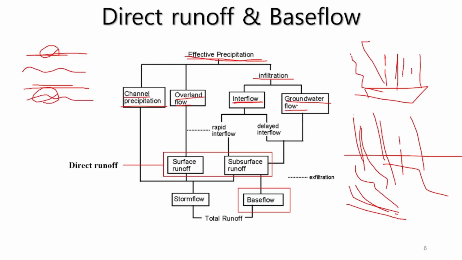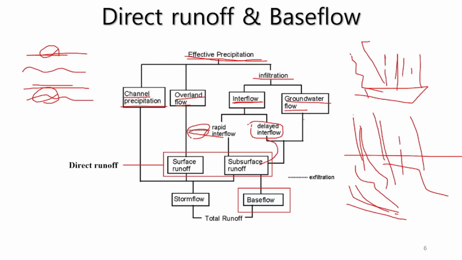Now we can divide interflow into rapid interflow and delayed interflow. Rapid interflow is the flow that gets combined with the overland flow over time, but there isn't much of it. That's why it's a dotted line here. Delayed interflow is most of the interflow that happens, and this contributes to the subsurface runoff.